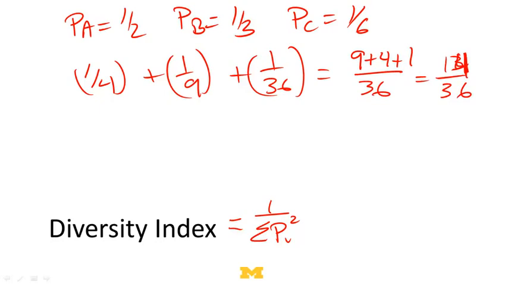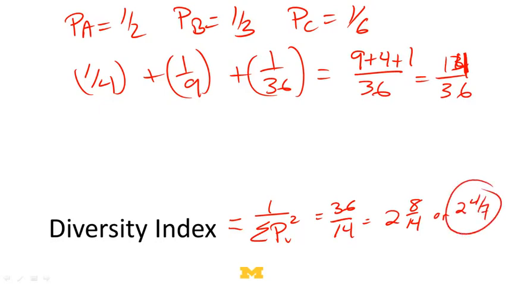So if we take the diversity index, that's going to be the opposite of that, which is 36 over 14. So that's 2 and 8/14, or 2 and 4/7. So what the diversity index tells us is, well, this is not quite 3, because you're more likely to get A than you are to get C, and so we'll call this 2 and 4/7. So the diversity index sort of tells you approximately how many different types of things there are.